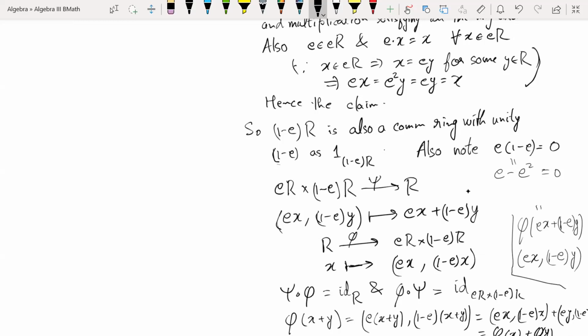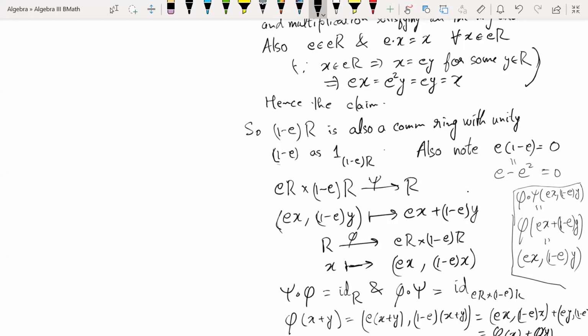This is phi composed C of EX comma 1 minus EY by definition, and if you apply it, you get this. So we see that in the other direction, phi composed C is also the identity. So they are inverses.